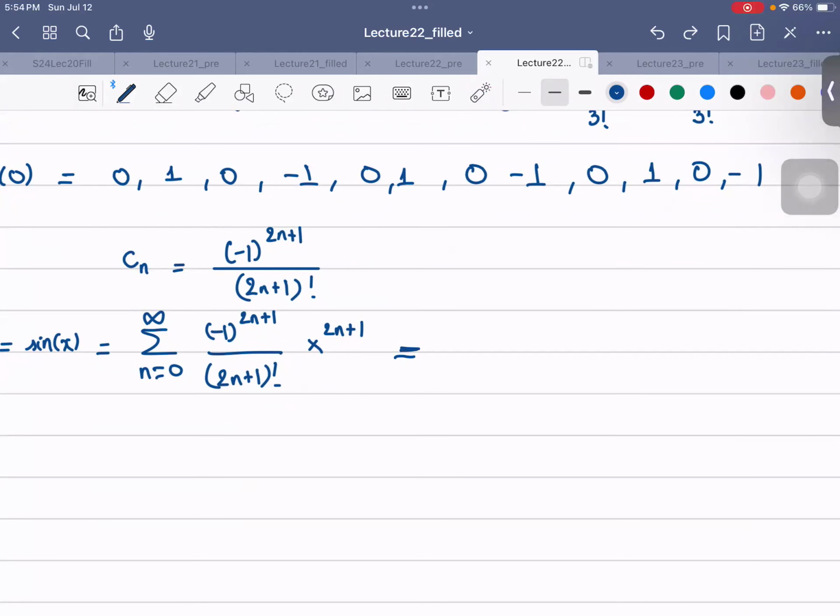That means over here, if you write down this thing explicitly, you're gonna have x divided by 1 corresponding to n equal to 0. When n equal to 0, you have negative 1 to the power of 0.